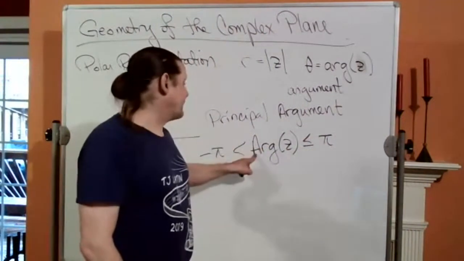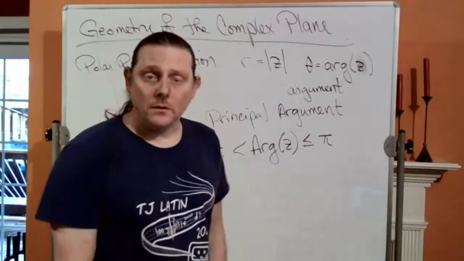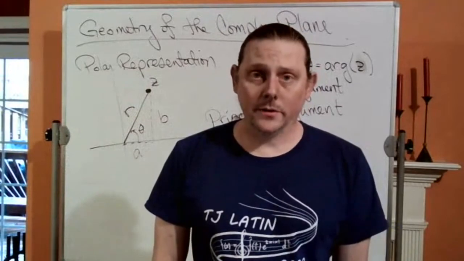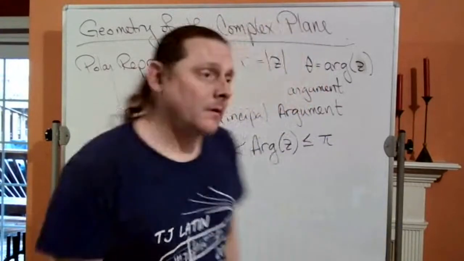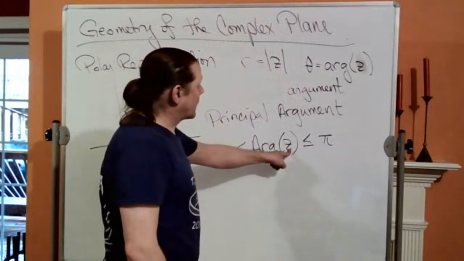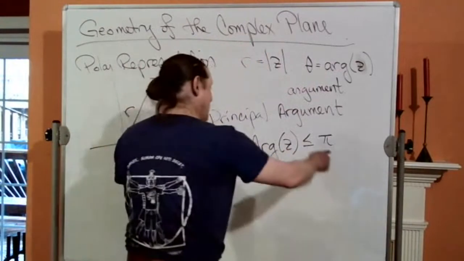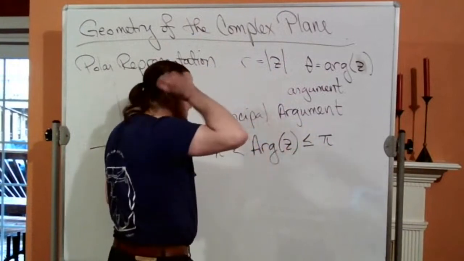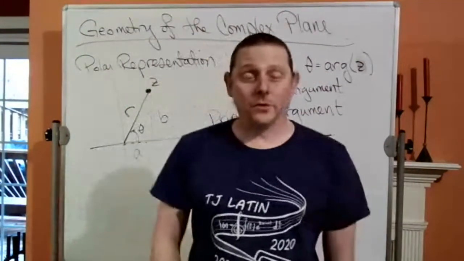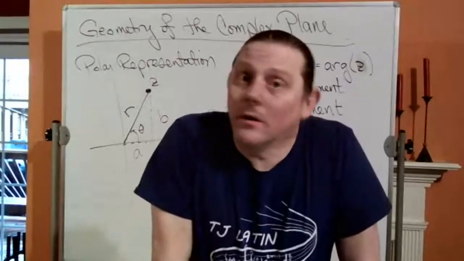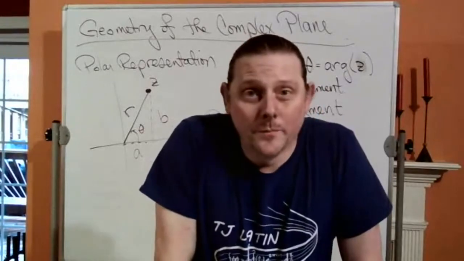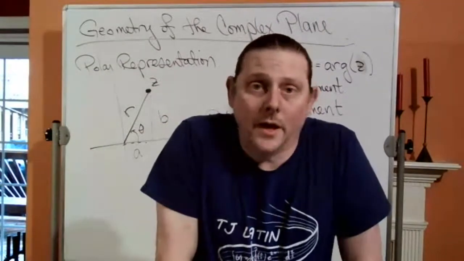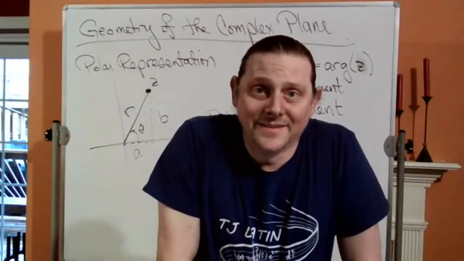And this is given by the capital A, capital Argument. The principal argument of a complex number lies between -pi and pi, and that will be unique for every complex number except 0. 0, of course, is associated with every argument and no argument simultaneously.